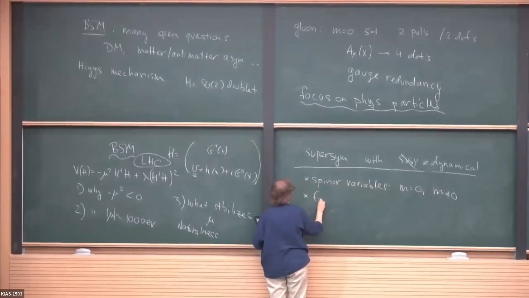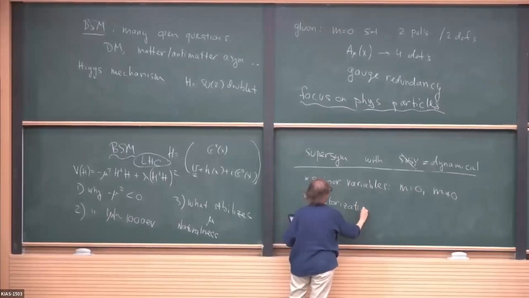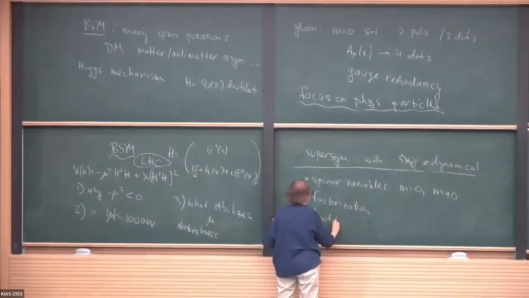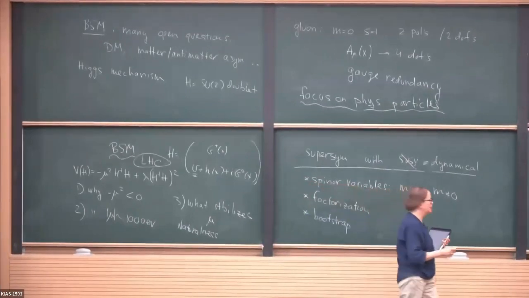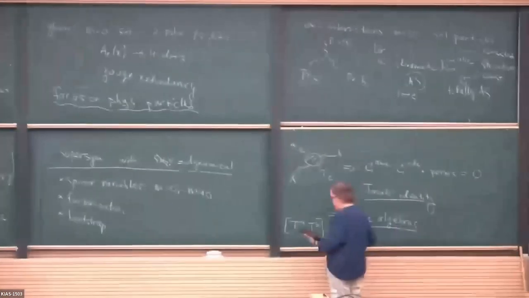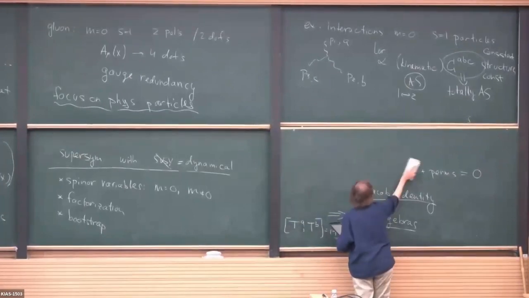Then we'll talk about factorization. And then we'll talk about the bootstrap. And so this is the plan for the first part of these lectures. Okay, so let's start on that.